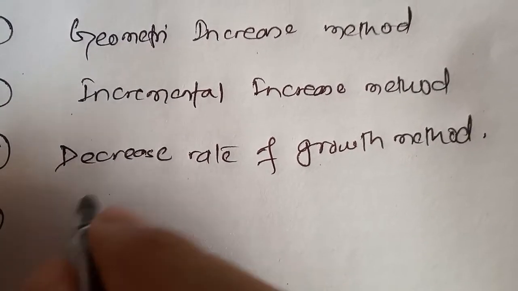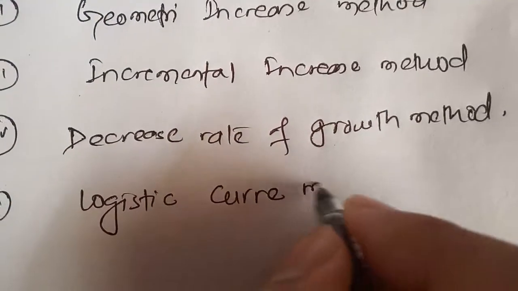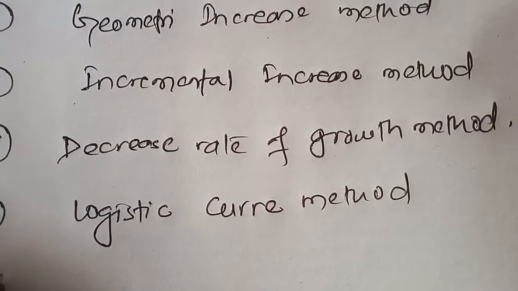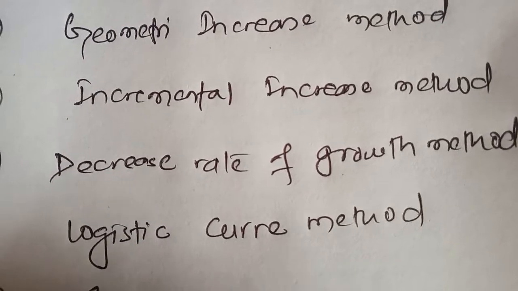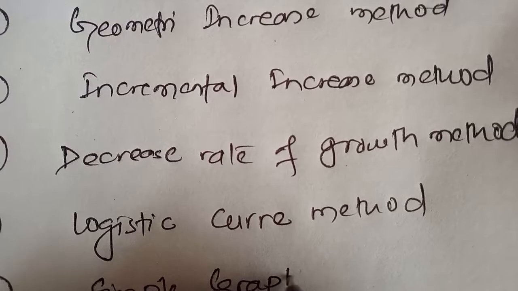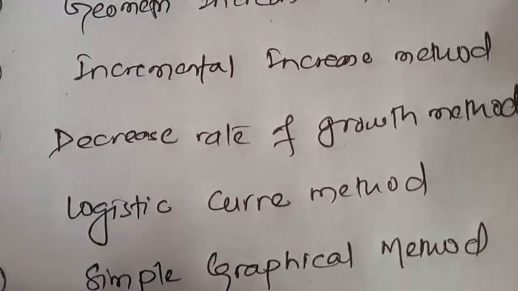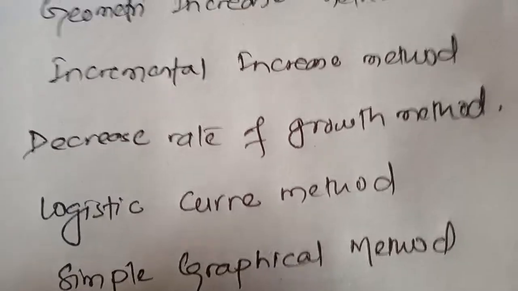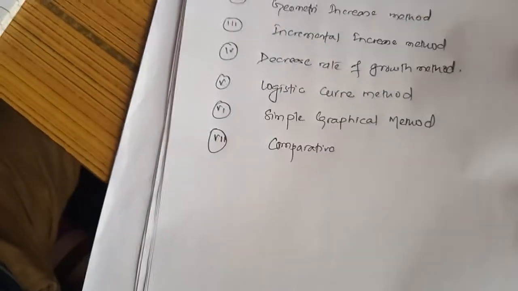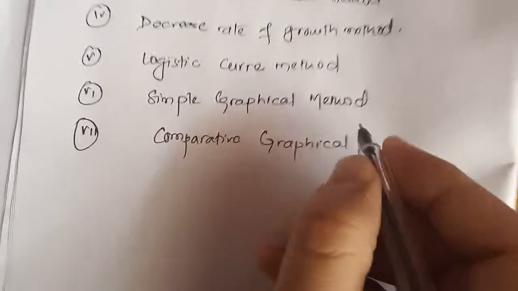Fifth we have logistic curve method. Sixth we have simple graphical method. Seventh we have comparative graphical method.